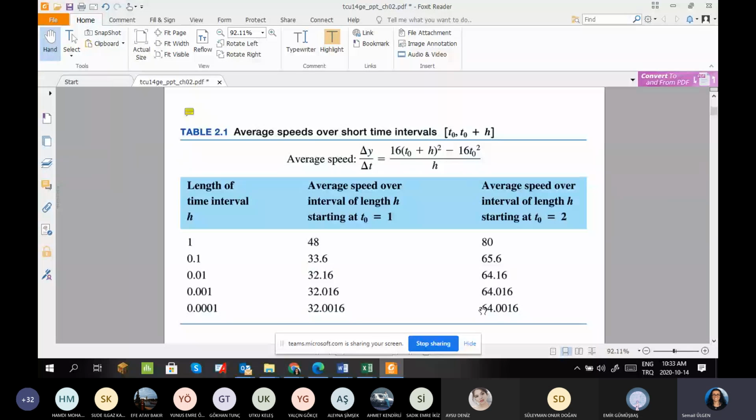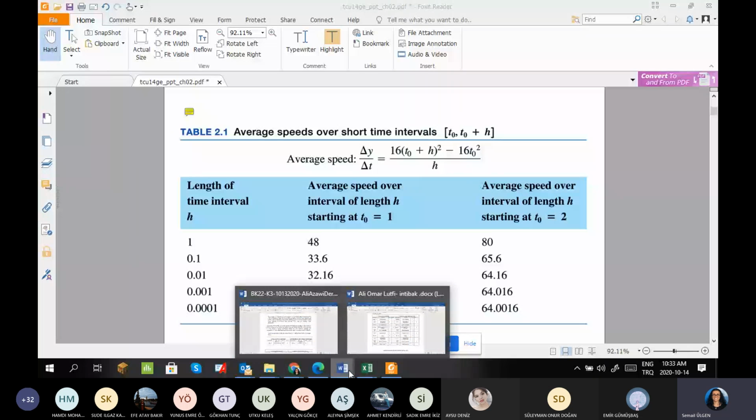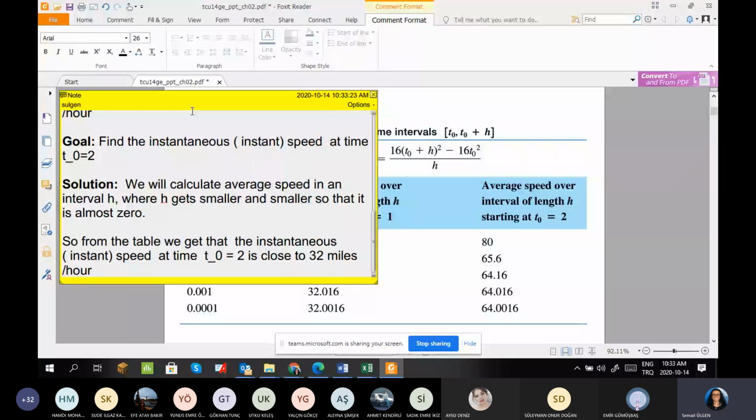So this is going to tell me that the speed of the object at time t is equal to 2 is going to be around 64 miles per hour. Okay? So let's write it down. Sorry about that. Okay, so in this case, it's 64 miles per hour.